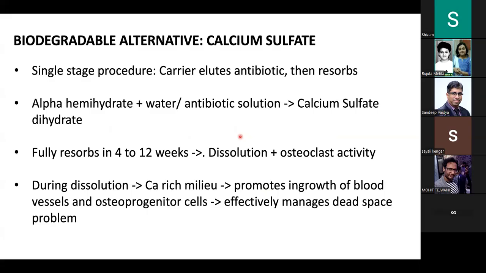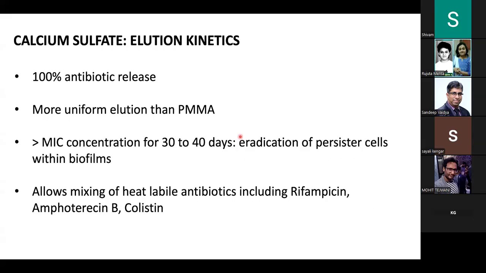Additionally, what happens is the calcium sulfate granules themselves are osteoconductive because they promote ingrowth of blood vessels and osteoprogenitor cells, which is another plus point of calcium sulfate granules. Also, elution kinetics is much better than cement. You have 100% antibiotic release.